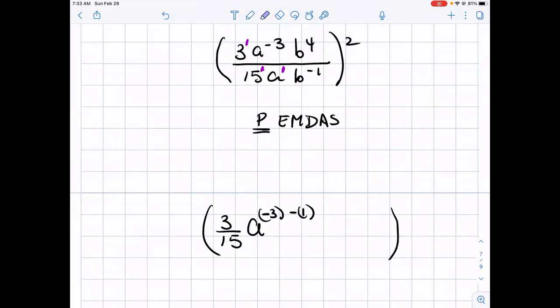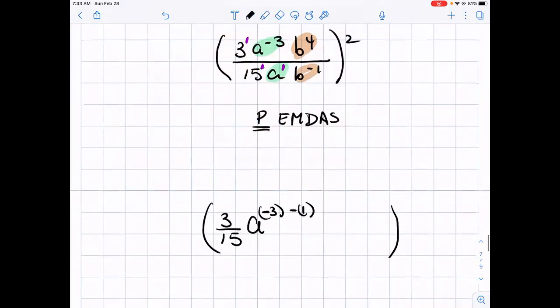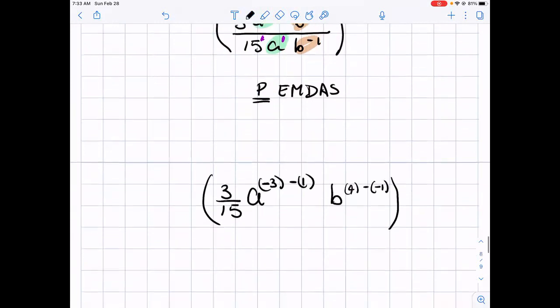Because here we have what is called like base. And then we also have the same thing for the b. So now we have b fourth power minus a minus 1 power. And that's the reason I like to put it in parentheses.